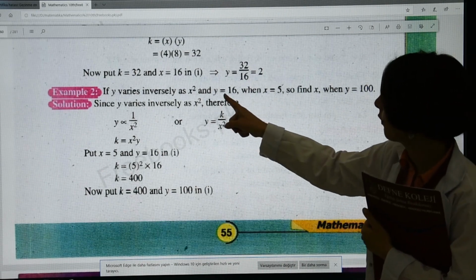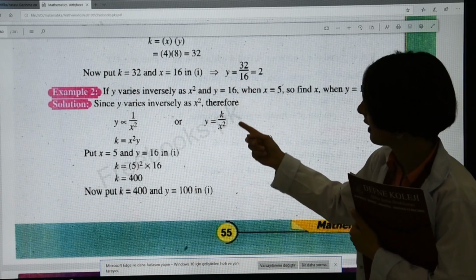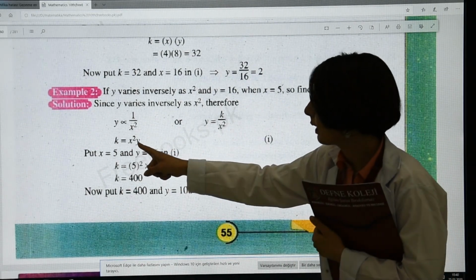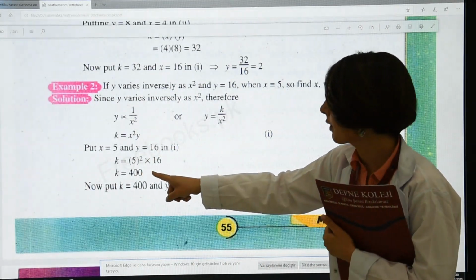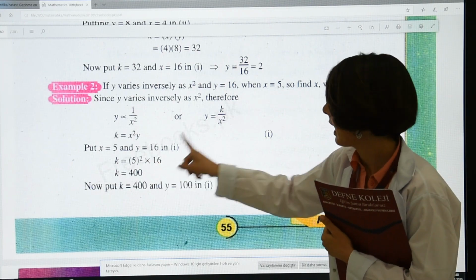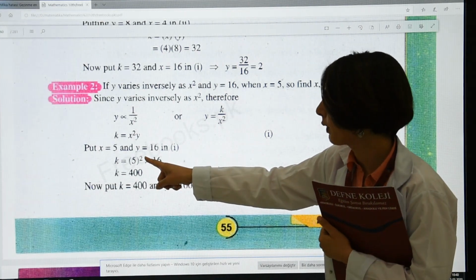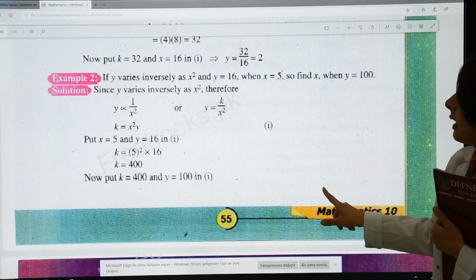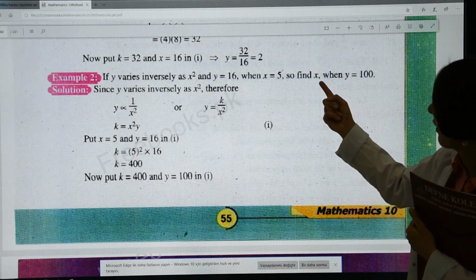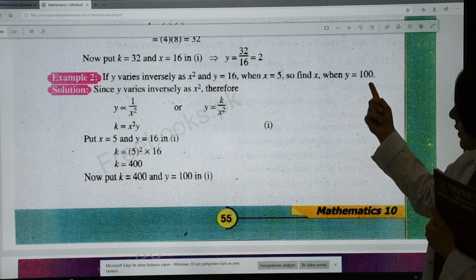I have the value of y and also the value of x, so I can find the k. K equals x squared times y, so k equals 400 because x equals 5, 5 squared is 25, times 16 equals 400. And now I have to find the value of x when y equals 100.